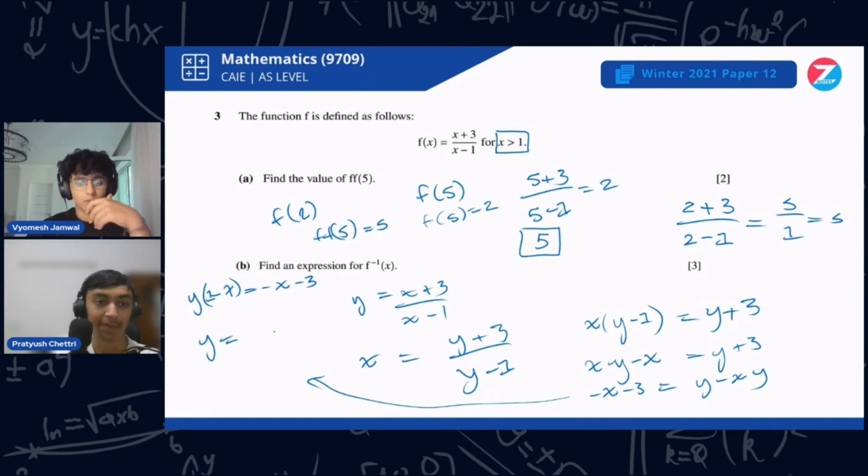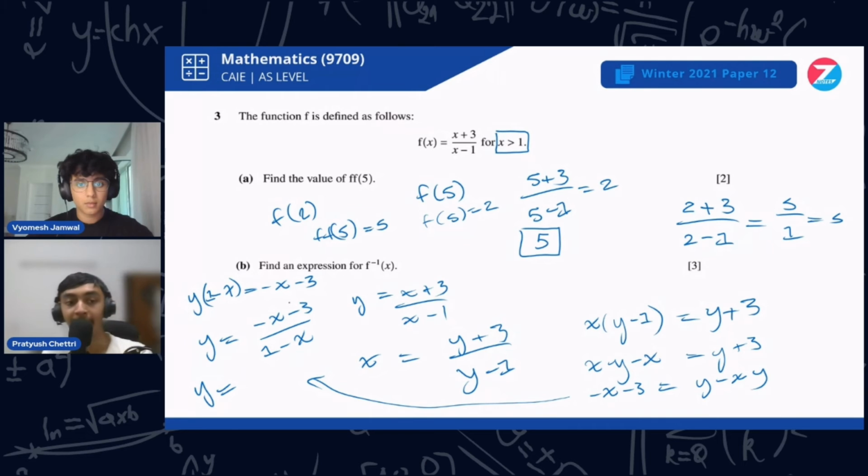And if you do this, you get y equals minus x minus 3 over 1 minus x, which, if you just multiply top and bottom by minus 1, keeps the value constant, you get x plus 3 over x minus 1.